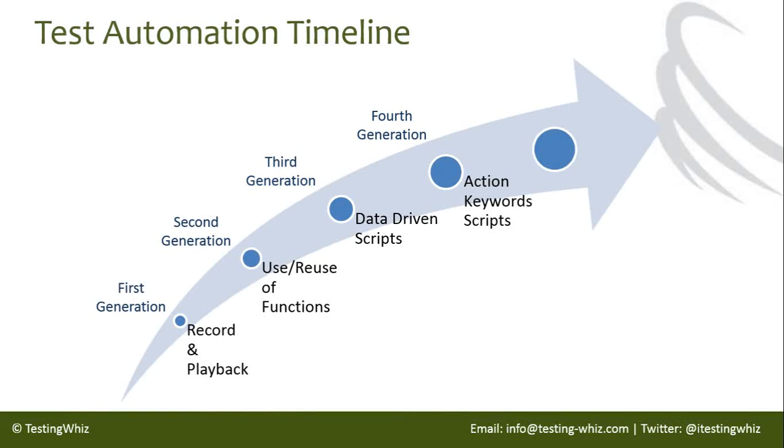That's where terminology like keyword driven framework and hybrid framework came into the picture, where people developed scripts for very frequently used objects, buttons or actions that people used to encounter. That's when the fourth generation of test automation tools came into the picture.